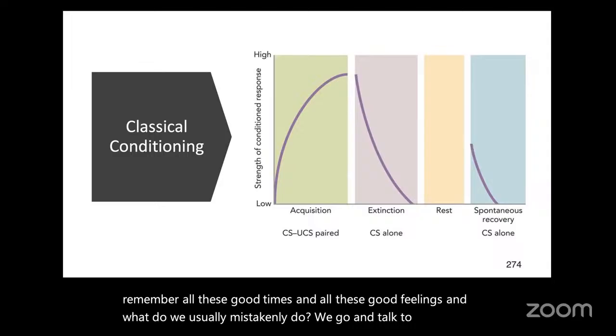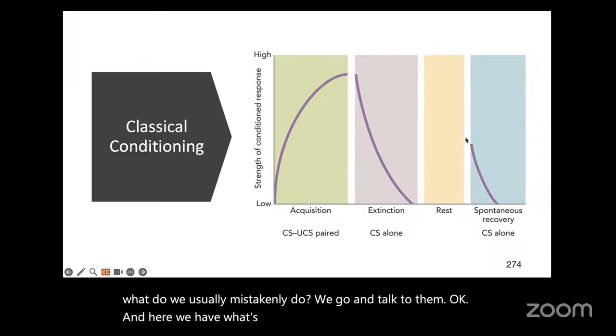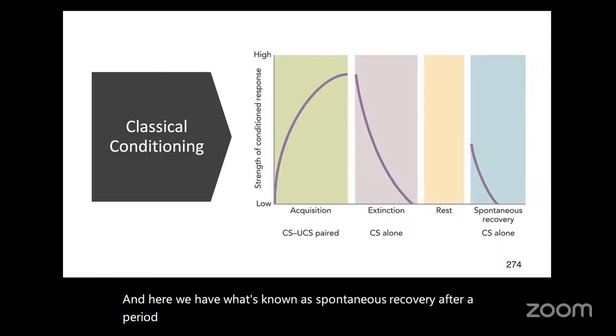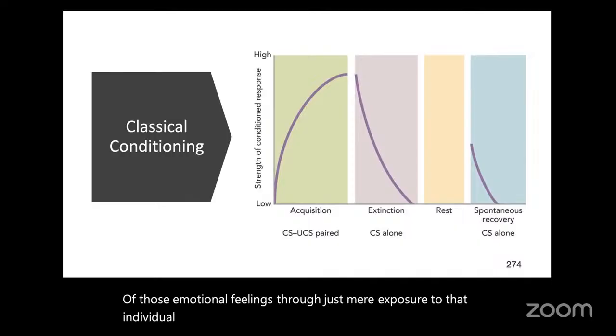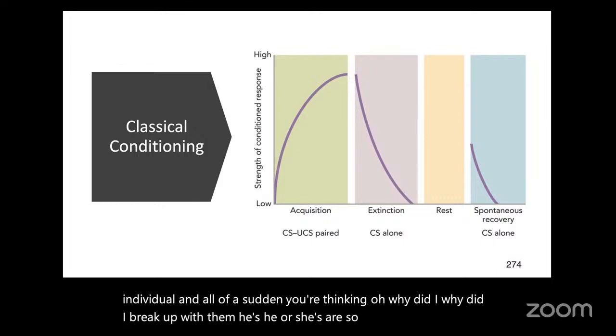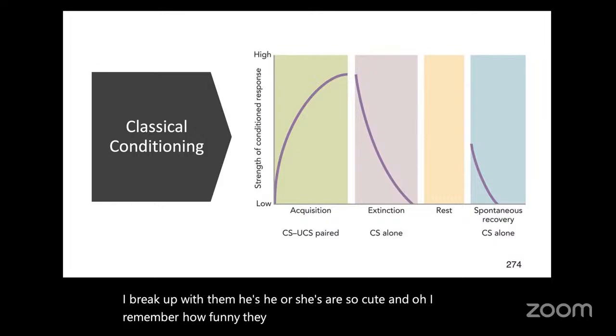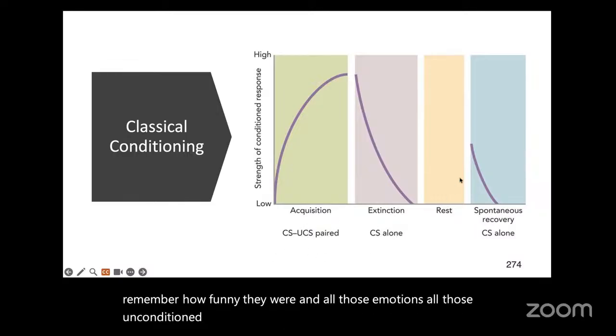Okay. And here we have what's known as spontaneous recovery. After a period of time not being exposed to that conditioned stimulus, you can get a spontaneous return of those emotional feelings through just mere exposure to that individual. And all of a sudden you're thinking, oh, why did I break up with them? He or she is so cute. And oh, I remember how funny they were, and all those emotions, all those unconditioned responses and stimuli return.